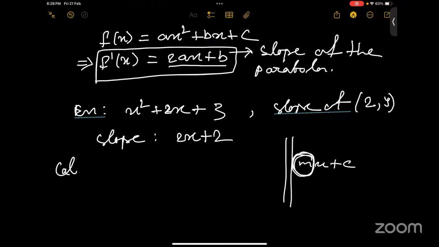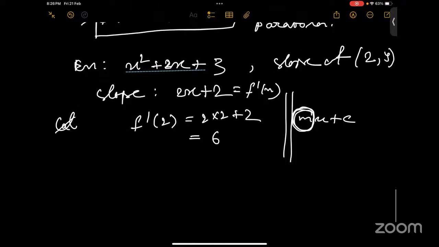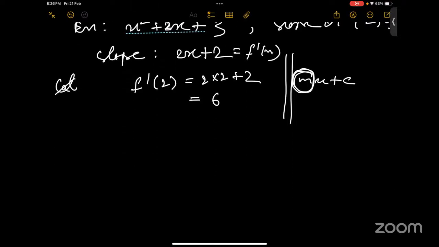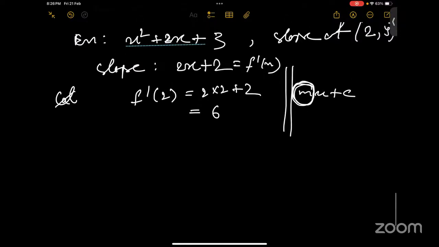We have to calculate f dash of 2, so we substitute 2 into 2x plus 2. That means 2 into 2 plus 2, that means 6. This is the answer, right? So if I want to calculate the slope at some particular point, we just need the x coordinate. We first take the derivative, then we put the value. Any doubt?